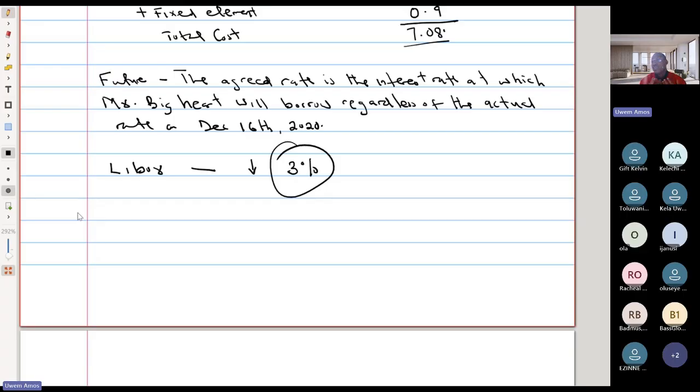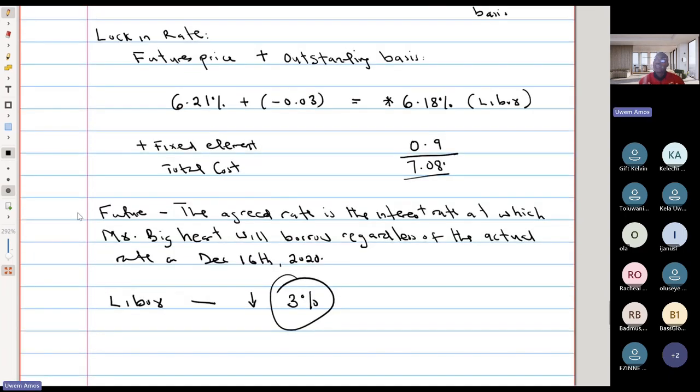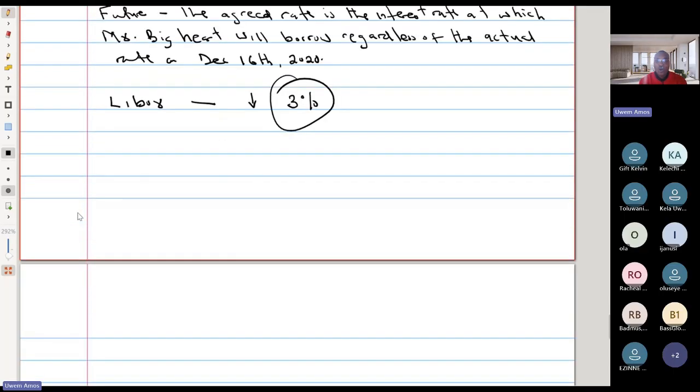If it favors me, I will go ahead with the contract. If it doesn't favor me, I will pull out. In other words, if I had gone with an option and the interest rate drops to say 1%, I have the right based on the contract to not go ahead because I bought an option. I won't go ahead with this contract anymore because it doesn't favor me. If you buy a futures, you must go ahead. And that is what leads us to the last option in the question, which is called option.